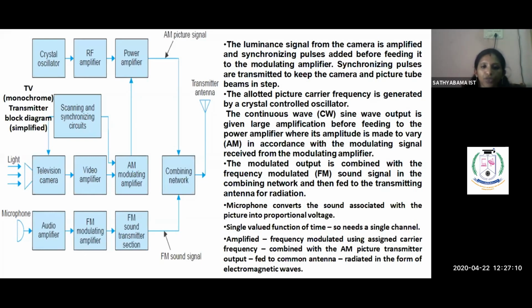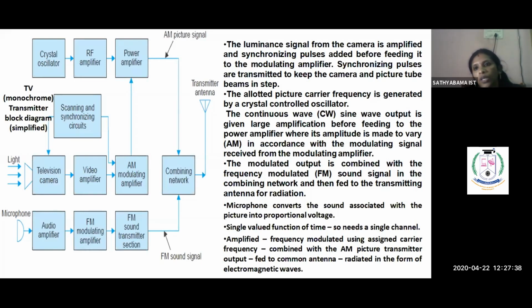Coming back to the television system, again we have a light signal and a microphone. The light signal is used for bringing the picture, and the microphone is used for bringing the voice. The light signal is given to the television camera, and the voice signal is given to the audio amplifier. The television camera output is the amplitude modulated signal, and it is given to the video amplifier.